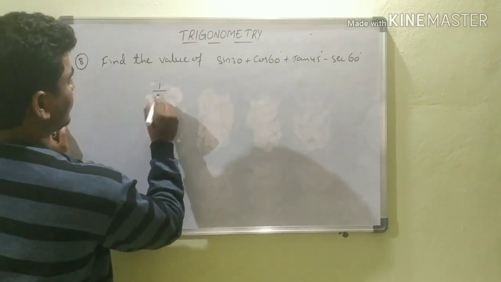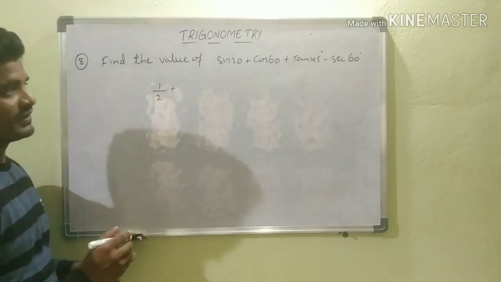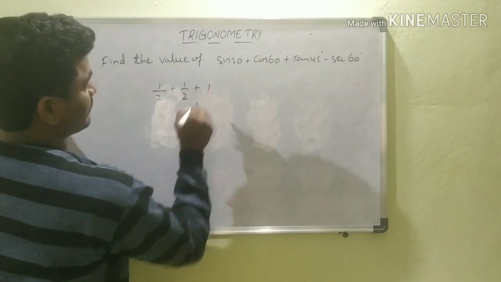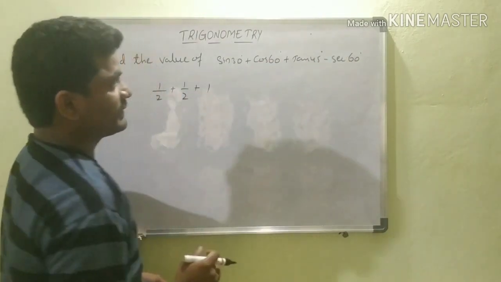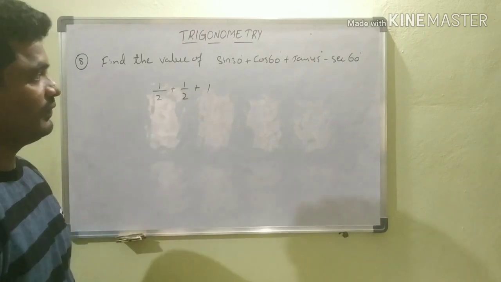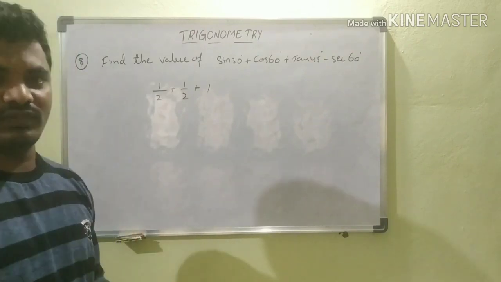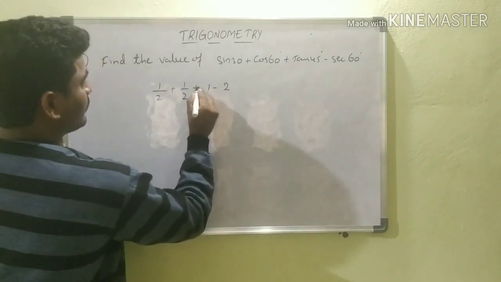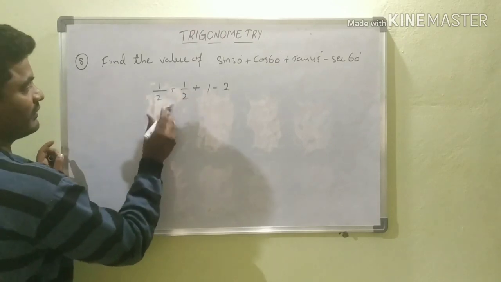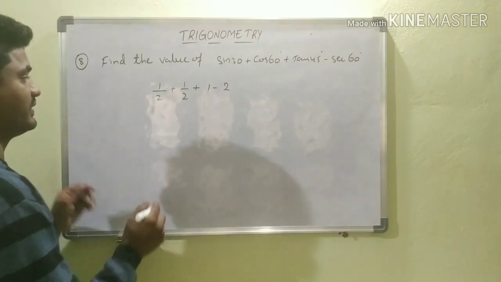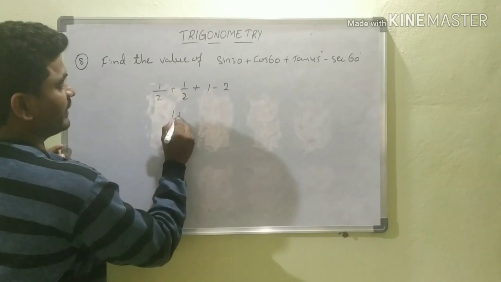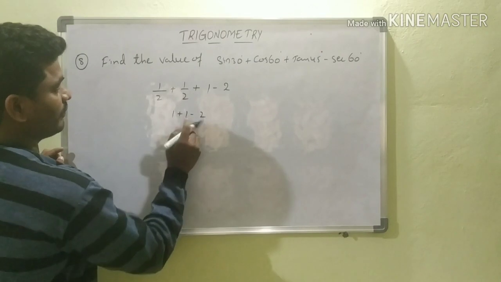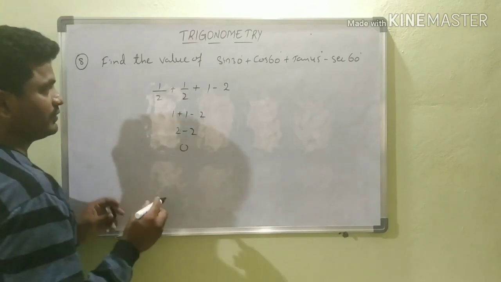Sin 30 equals 1 by 2, plus cos 60 is also 1 by 2, plus tan 45 equals 1, and sec 60 is the reciprocal of cos 60. Cos 60 is 1 by 2, so it is minus 2. Okay, 1 by 2 plus 1 by 2, both are like fractions. Half plus half equals 1, plus 1 minus 2. 1 plus 1 equals 2, minus 2 equals 0.